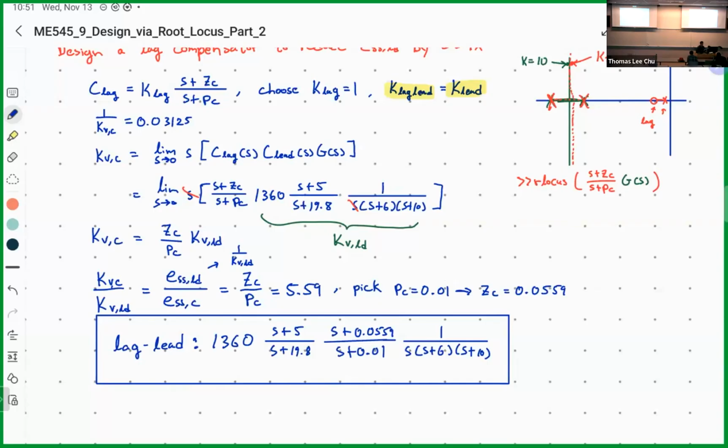We're trying to reduce the settling time by half, but now that I've added this pole really close to the origin, we have a really slow decay. Because of that slow decay, our settling time is going to be a lot longer than our design spec, which is okay. In the homework, it's okay if you don't meet the design specifications, so long as you follow the steps.